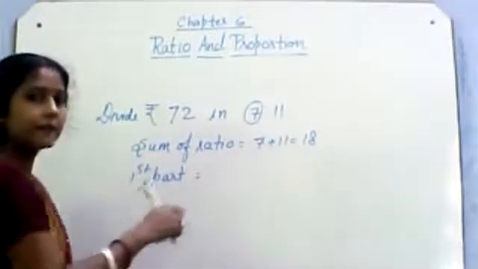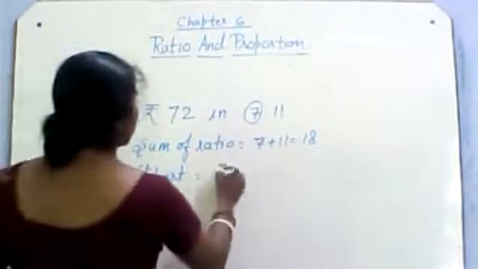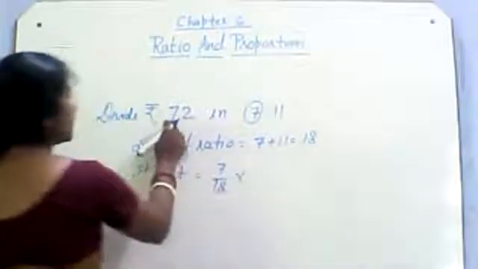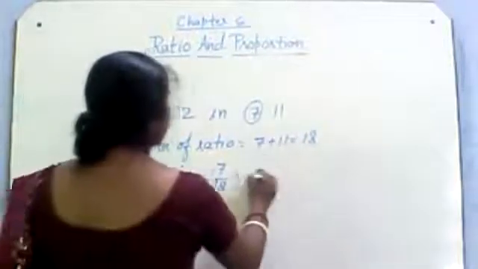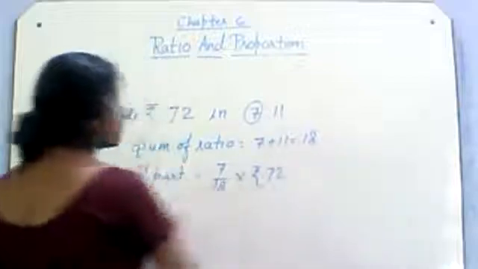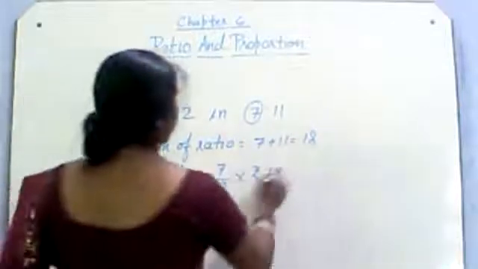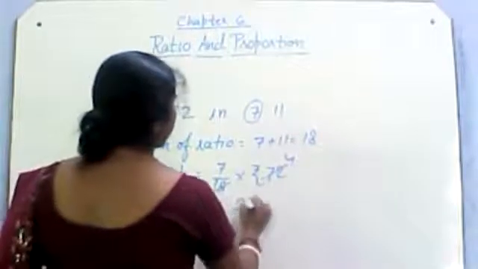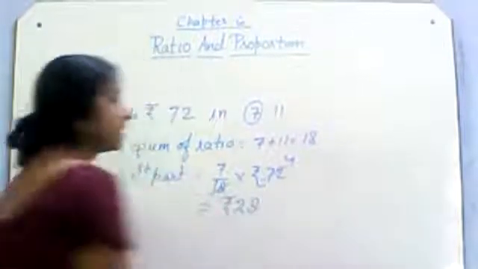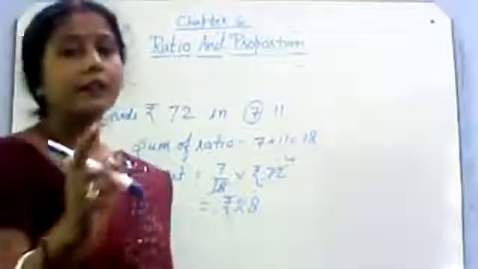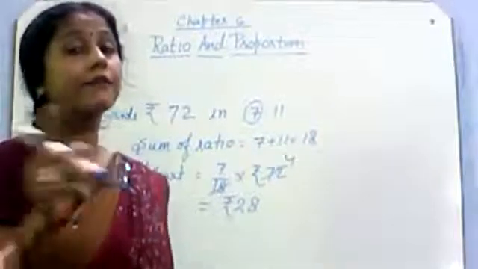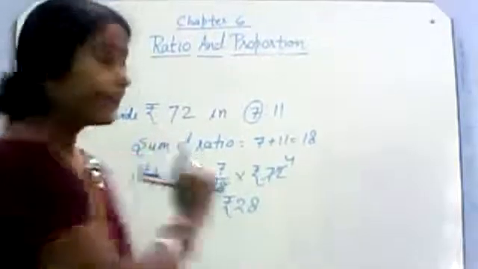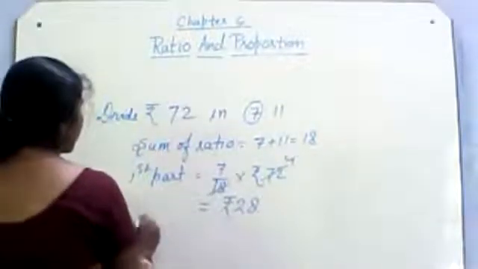So 7 upon sum of ratio 18, into this rupees 72, this amount. So 18 4s are 72 and 7 4s are 28. So rupees 28 will be for the first person.